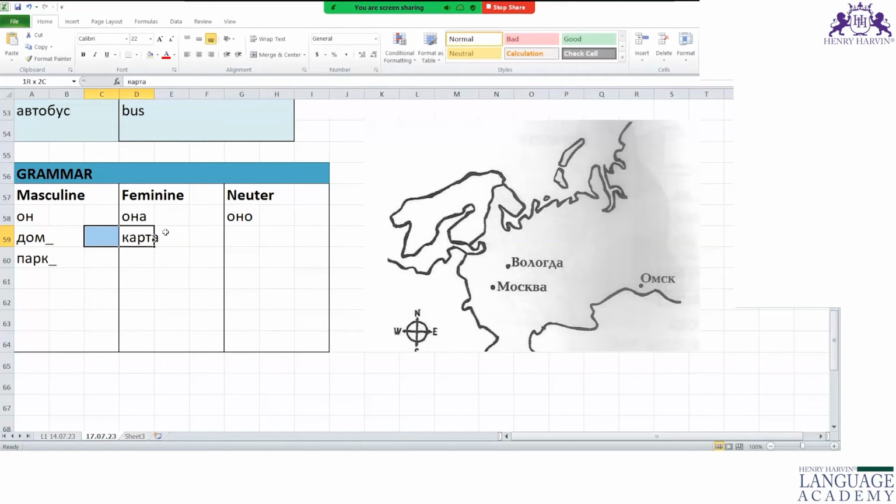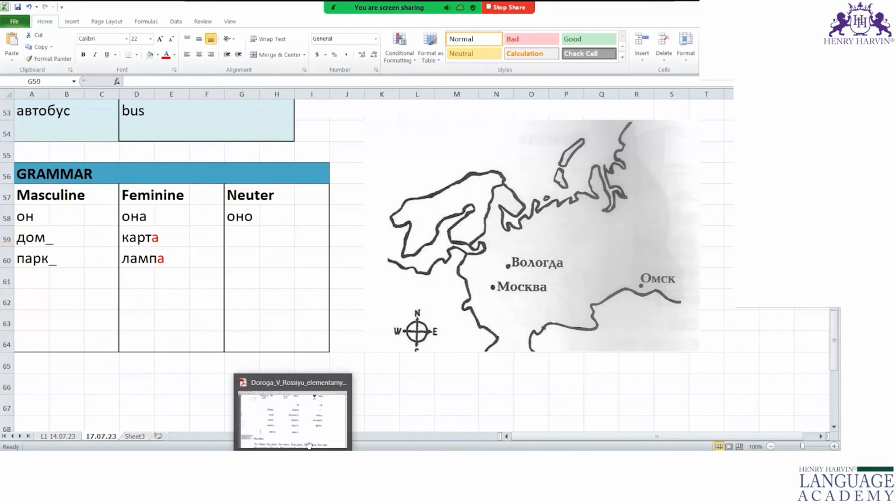And we see the last letter in the word карта is А. The words which end in А are feminine gender. And лампа, again, лампа has ending А. That's why we say it's she. In English, we cannot say like that, right? We say it. But in Russian, we give genders to all living and non-living things.